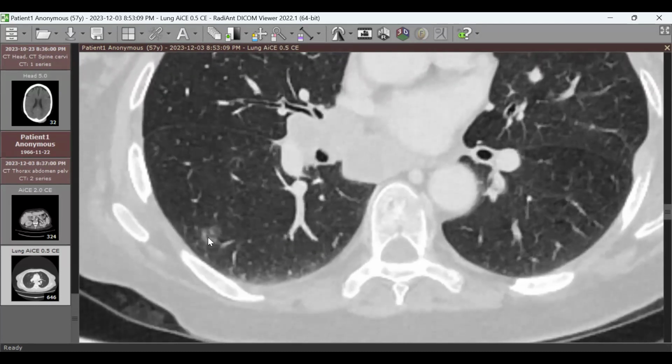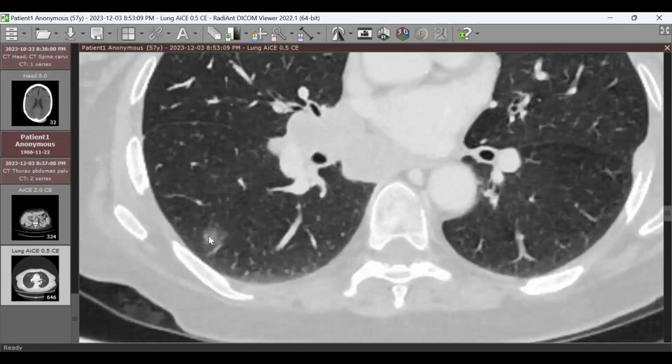This is another suspicious feature of adenocarcinoma, which we call a pericystic nodule: ground glass with small cystic lucencies, and then the development of small solid elements. That's a suspicious feature.